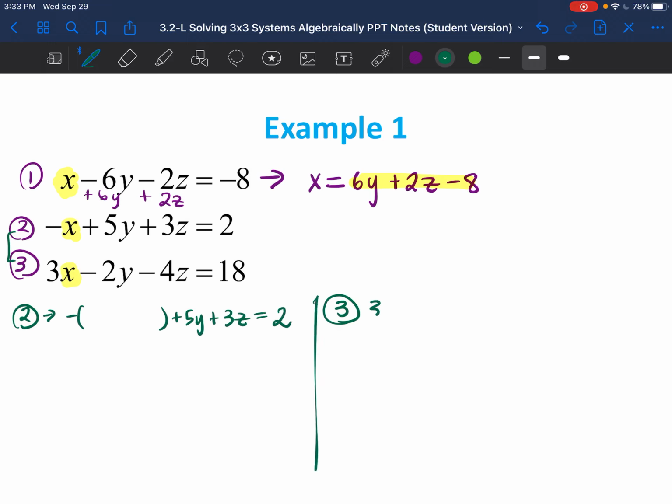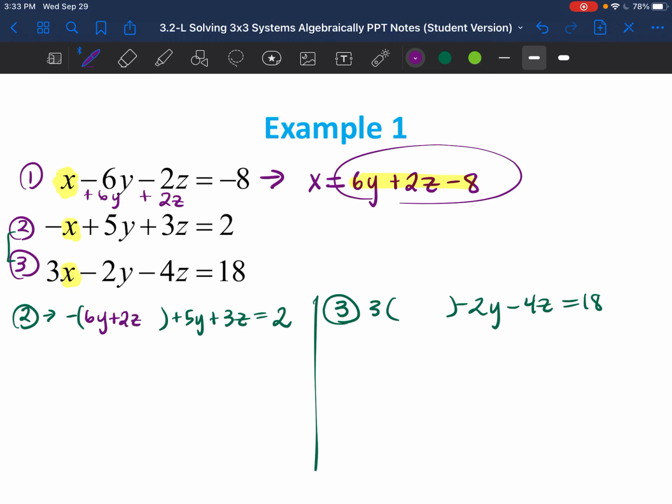And then equation 3 says 3x minus 2y minus 4z equals 18. Now we are ready to substitute this expression: 6y plus 2z minus 8, 6y plus 2z minus 8.